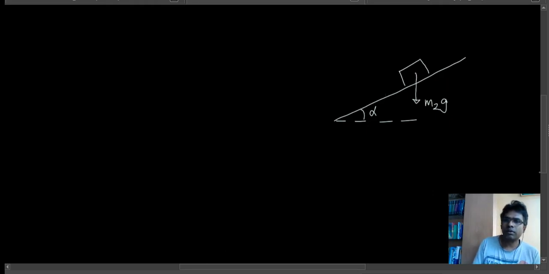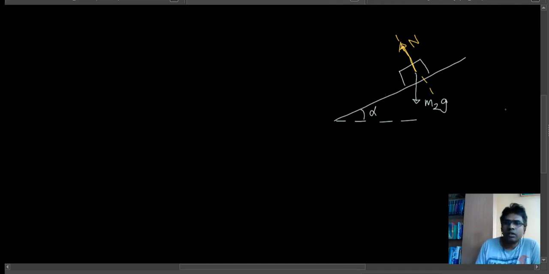Now if I look at the direction perpendicular to the incline, Newton's third law dictates that the normal force will act in that direction. This is because the force of the same magnitude was applied by the bar on the prism. So you have this force acting on the bar by the prism here.